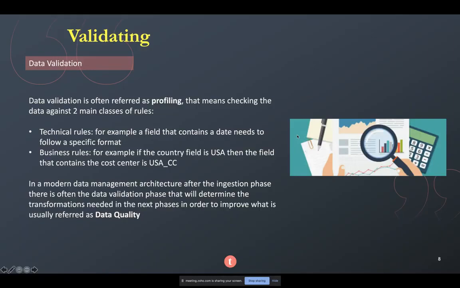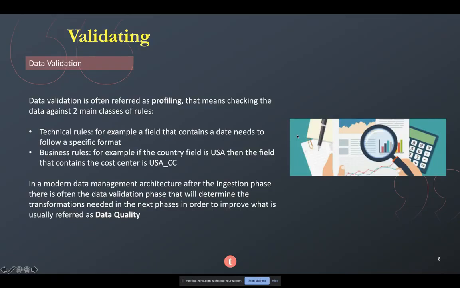For example, you want to validate that in a specific field there is a phone number, and this phone number needs to follow a specific format. Or for example, in a field you want a date, where the first 4 digits are the year, the next ones are the month, and the last ones are the day. These are what we can call technical rules.